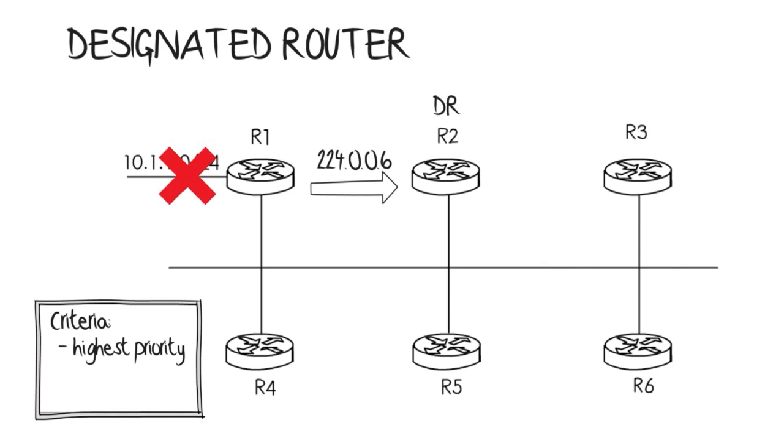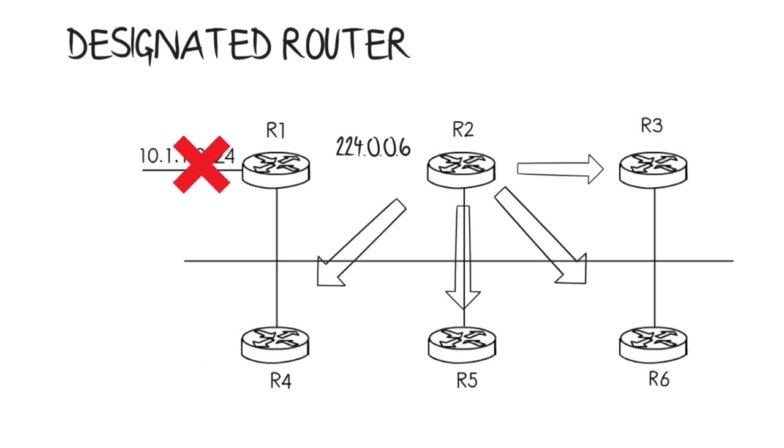Only router 2, the designated router, is receiving the multicast. Router 2 then sends an update to all the other routers on this multicast address, 224.0.0.5. All OSPF routers are listening to this multicast address, so they will receive the update. Router 1 would receive the update but wouldn't process it because its OSPF topology table is already up to date.